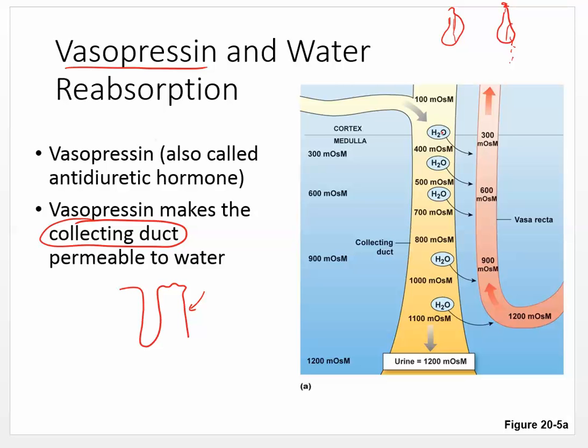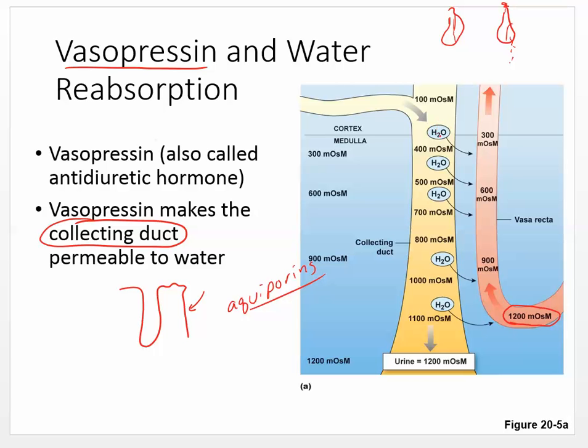Let's stop and think about what that means. Remember, it's very, very concentrated down here, high concentration down here, 1200 milliosmoles. By inserting, and this is what it does, it inserts something called aquaporins into the wall of the collecting duct and allows water to leave.